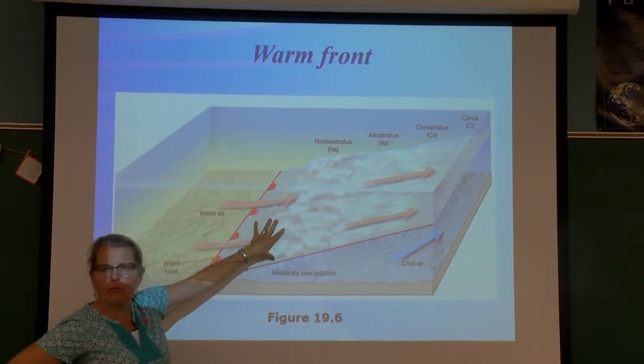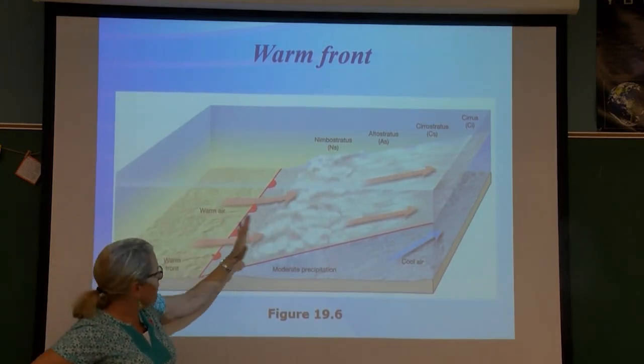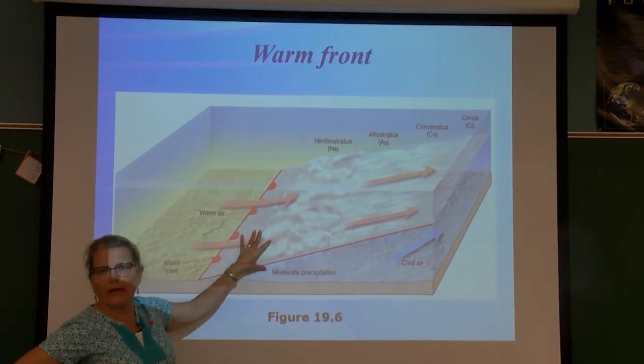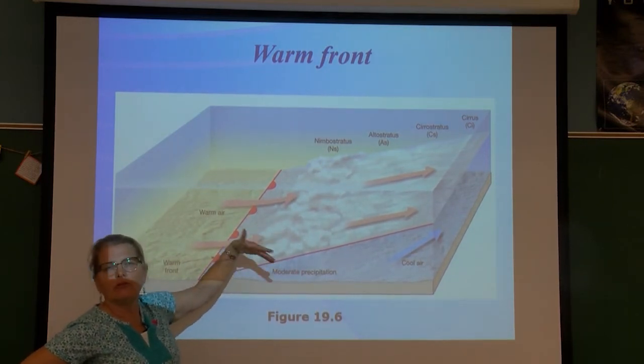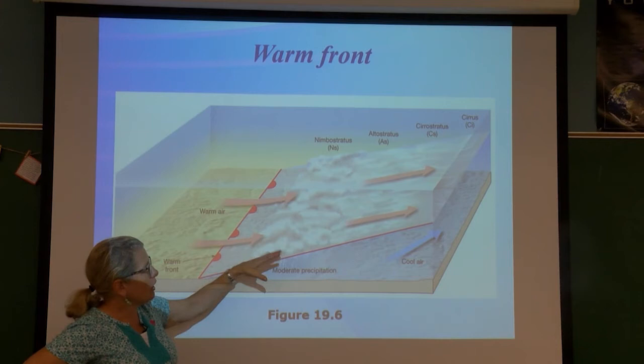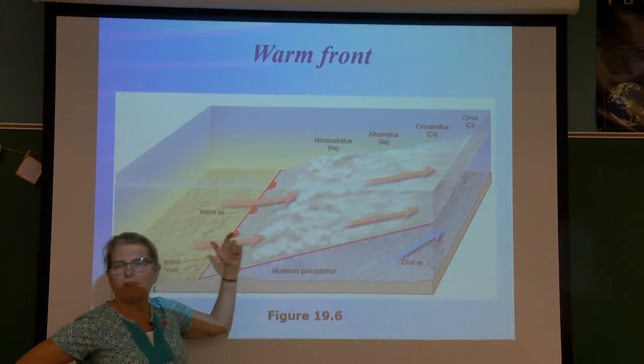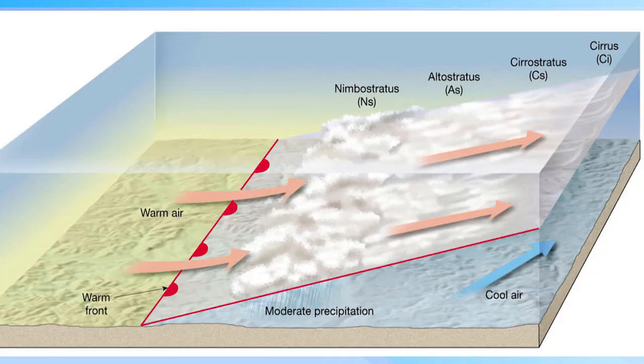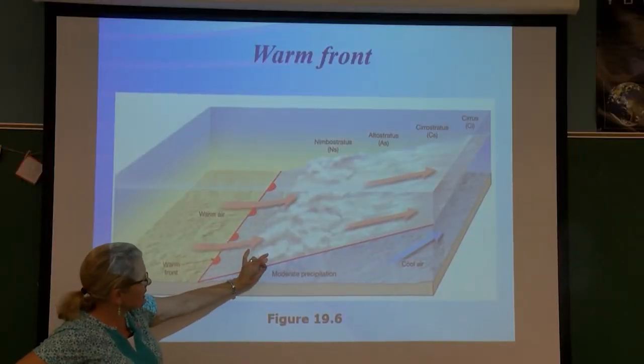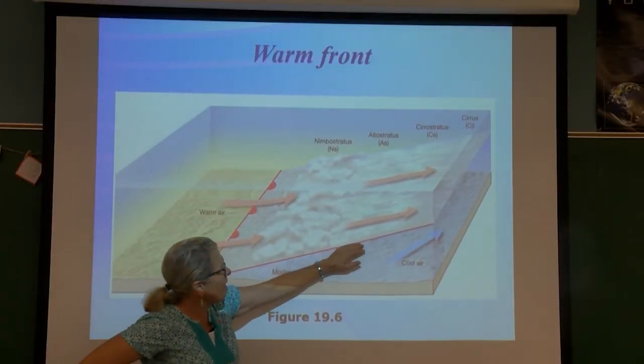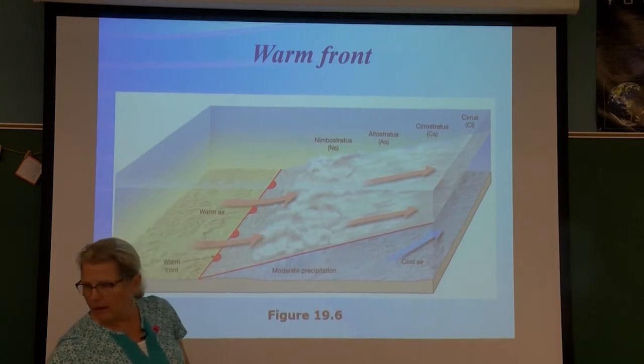The warm air can't push the cool air out, and this is when we have precipitation over a long part of the country. We can have rain in Detroit, Chicago, St. Louis, we can have rain for 1,000 miles because we've got this interaction. Where cold and warm come together, we learned this in our clouds lesson, that's where you get the rain.